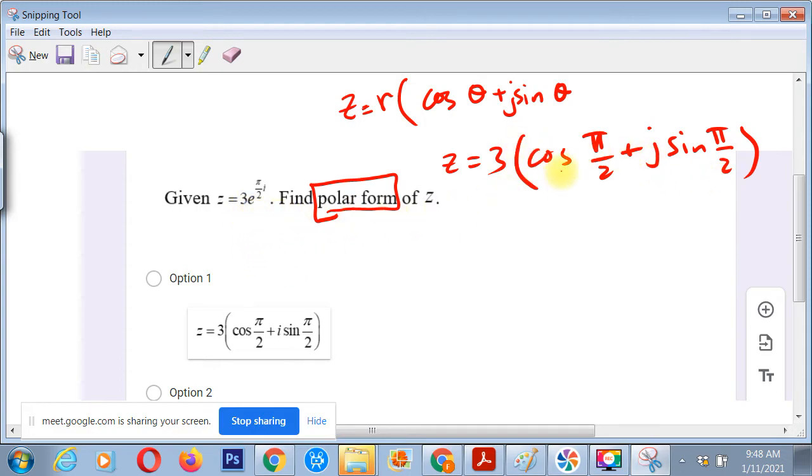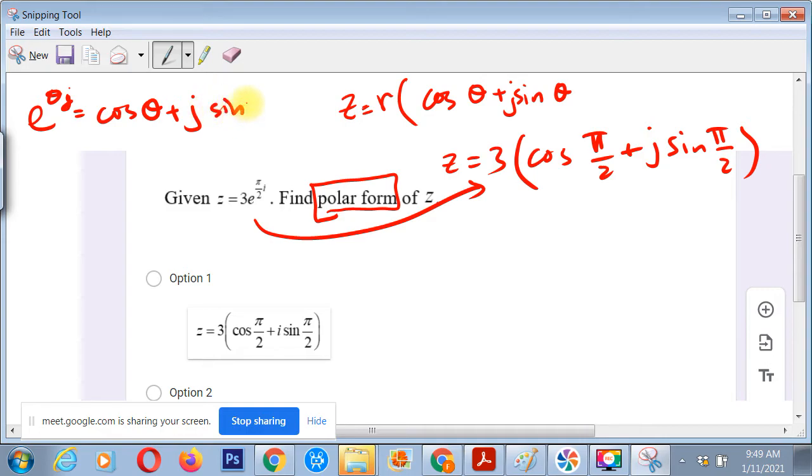Okay, ni dia punya extension dia. Okay, because of E theta I is equals to cos theta plus J sin theta.